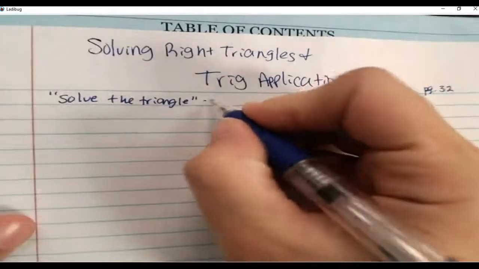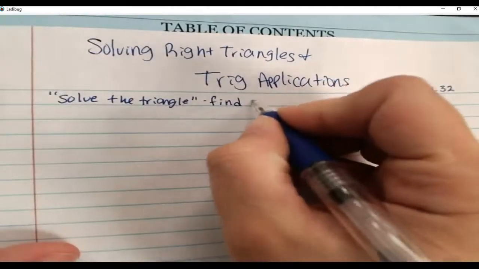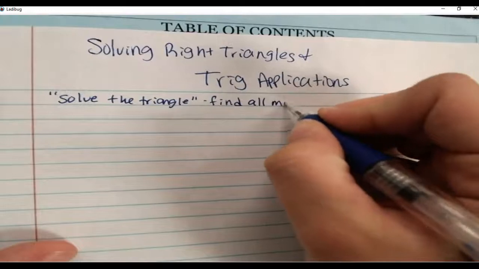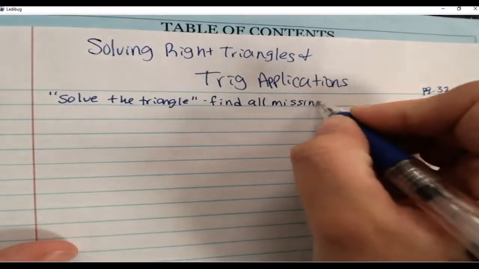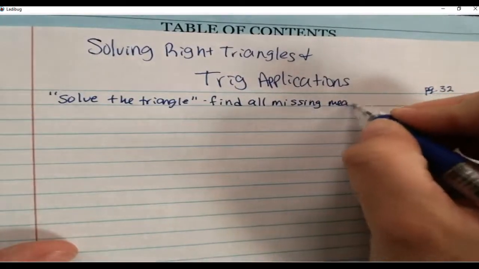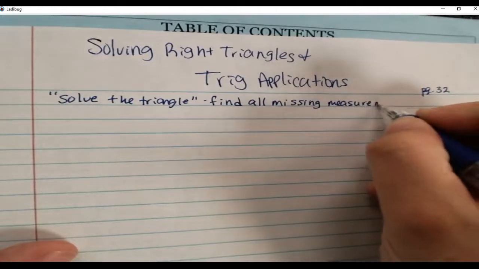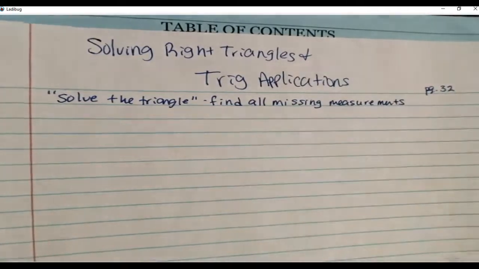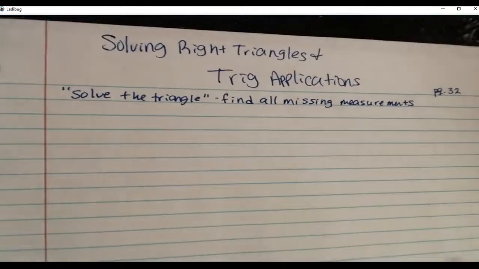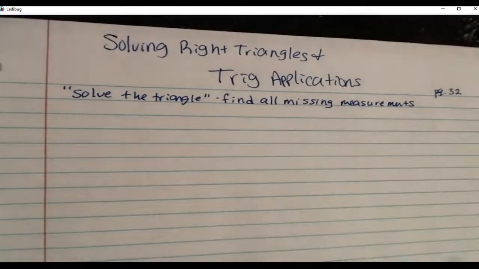So we find all missing measurements. We want to find all of our missing sides, all of our missing angles.